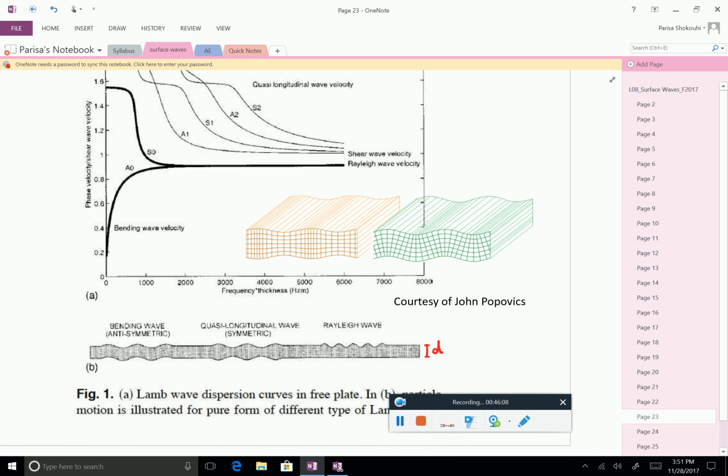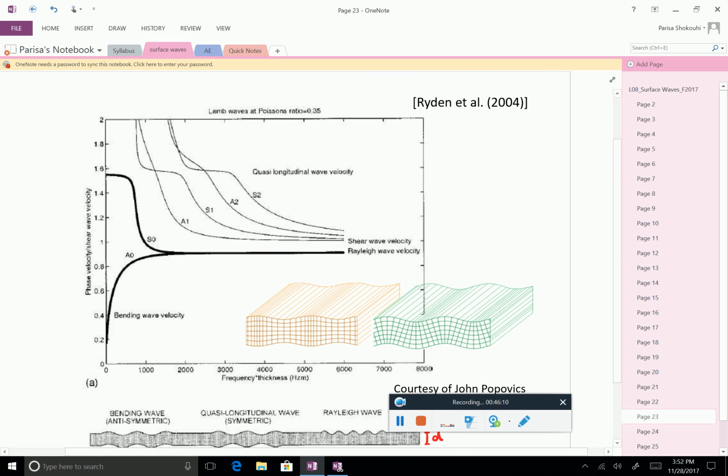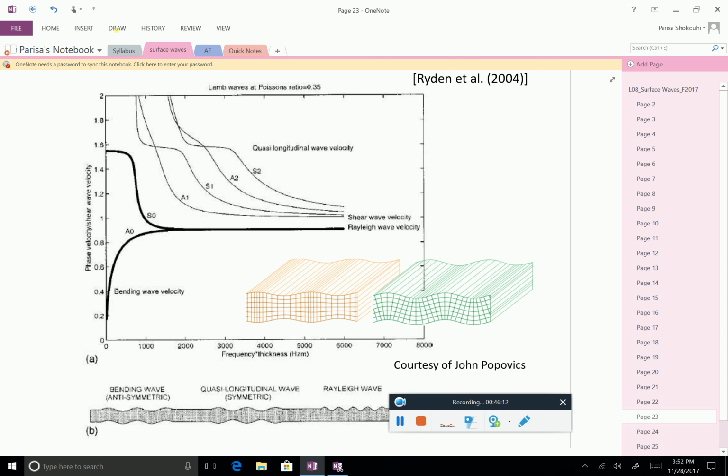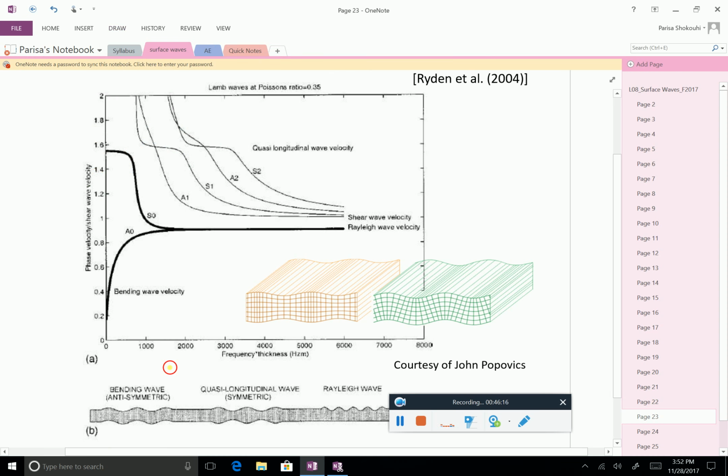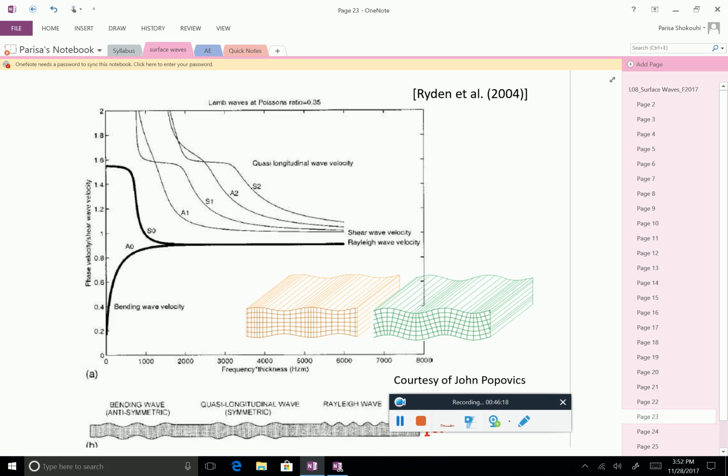It turns out that when we do that, we get equations which look like this. Let me write them. I just write the equations without anything more.